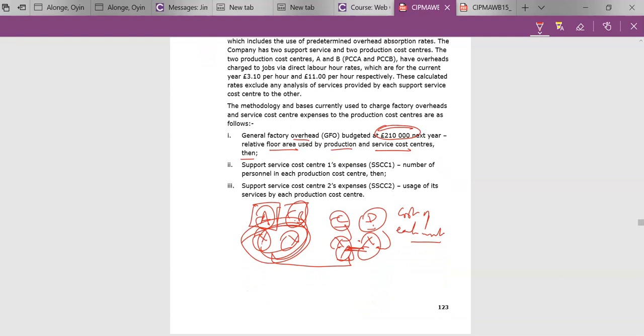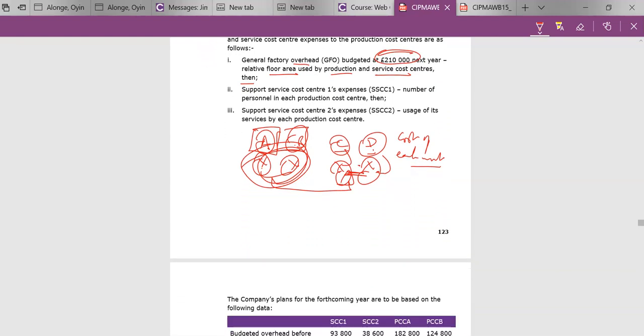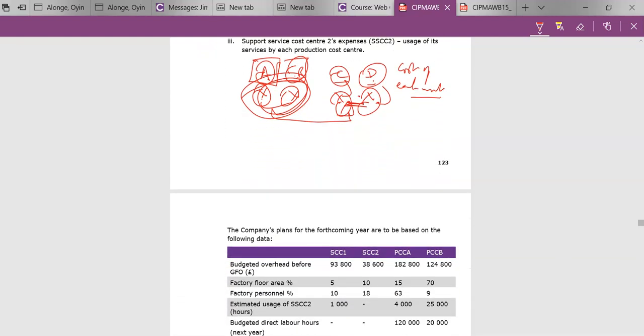Let's look at the problem. You can see here it says budgeted overheads before the general fixed overhead. So each of them has their own overhead first. And then let's look at the floor area. They're saying, first of all, split this 210, it might be rent, first according to the ratio of the floor area.